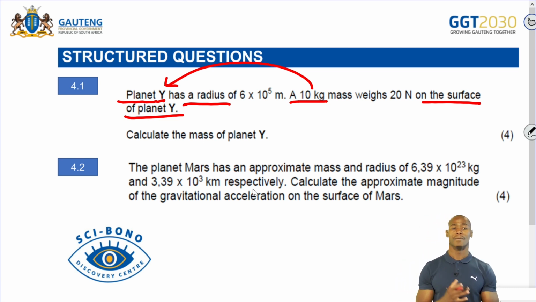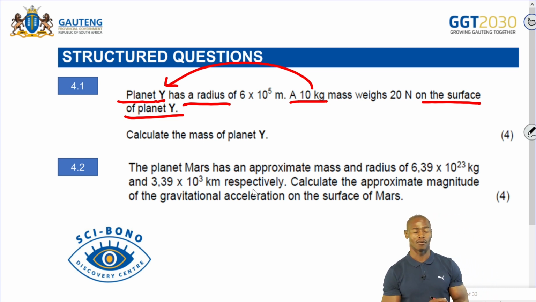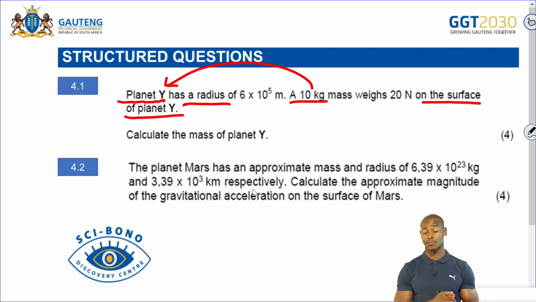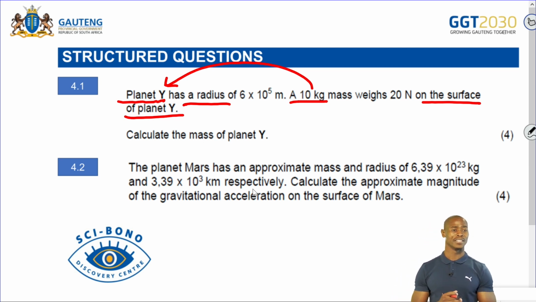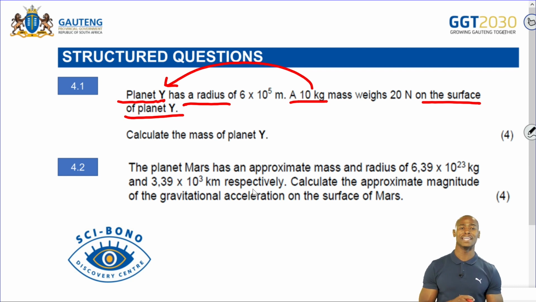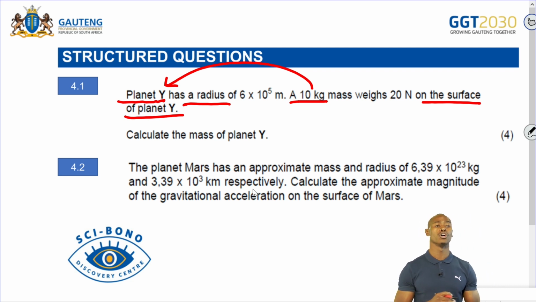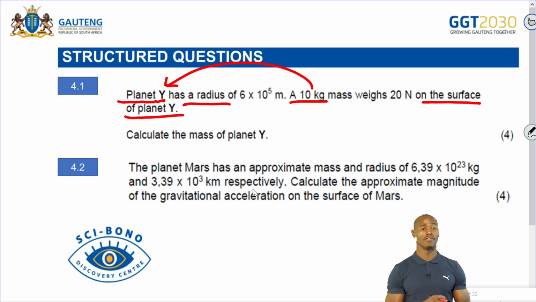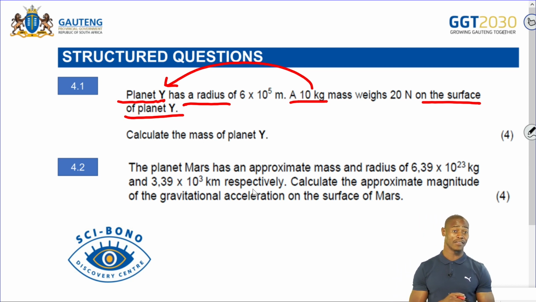So they want us to calculate the approximate magnitude of the gravitational acceleration on the surface of what?